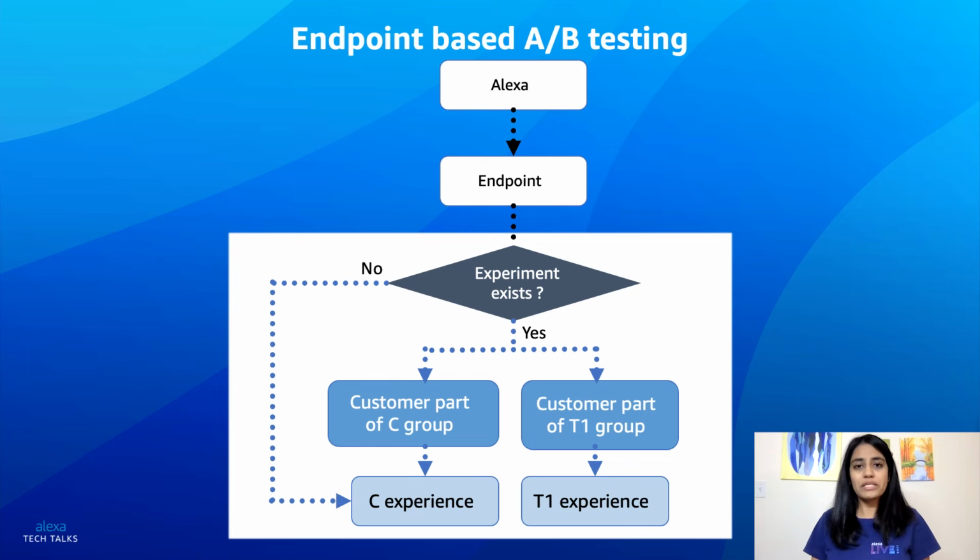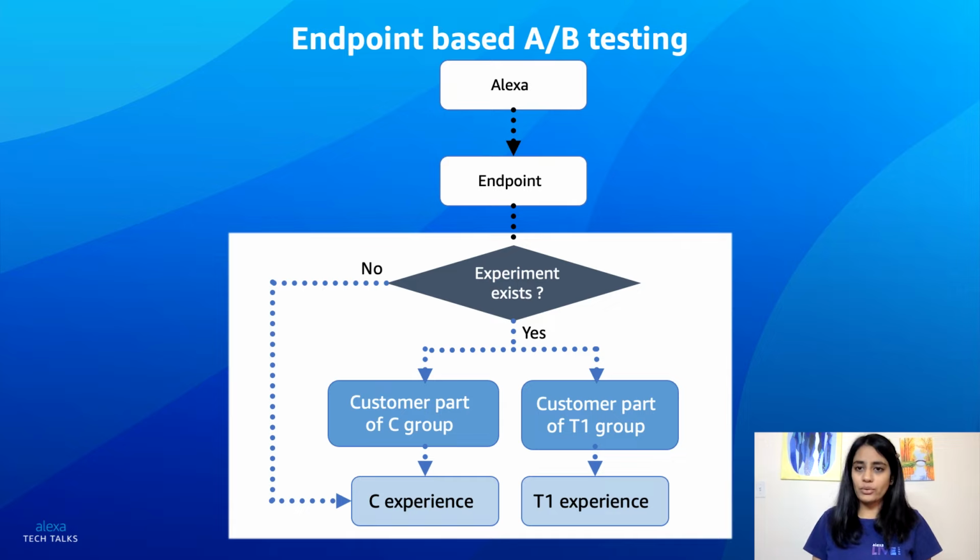Now that you have an understanding of A/B testing, let's talk about A/B testing for Alexa skills. We are excited to introduce endpoint-based A/B testing to our skill builders to increase their customer engagement and conversions of their skill. So, what is endpoint-based A/B testing? In endpoint-based A/B testing, you will use a single version of a live skill to run your A/B test.